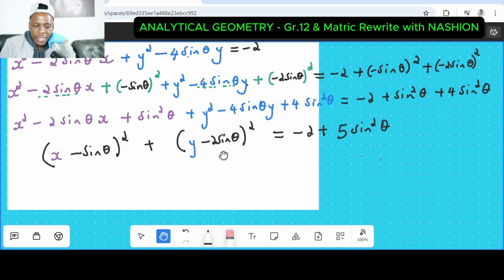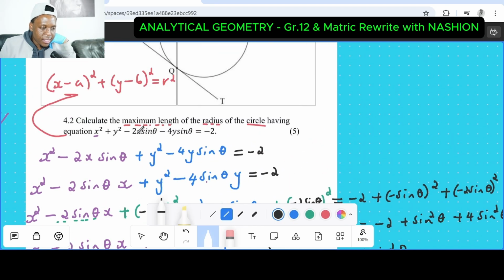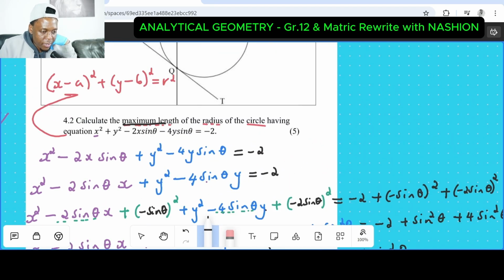Okay, before we get carried away, let's check what the question is saying again. They are saying calculate the maximum length of the radius, meaning we are going to focus on the radius part. The maximum length of the radius of the circle having this equation.